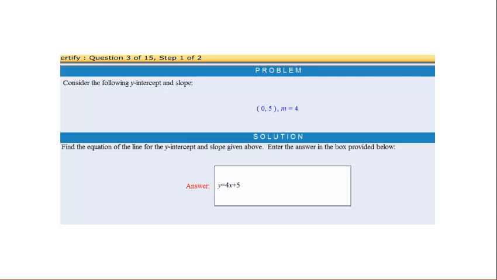So we put 4 in for the slope, which is right in front of the x. We have y equals 4x plus 5, because 5 is the y component of the y-intercept. So the answer is simply y equals 4x plus 5.